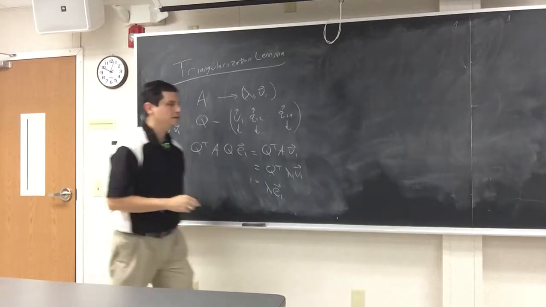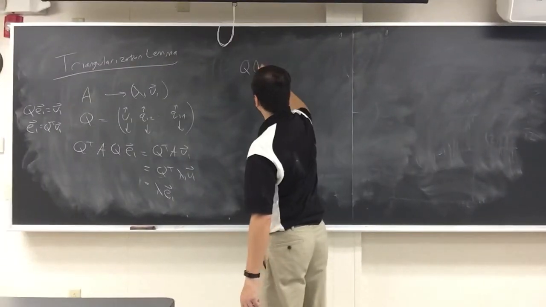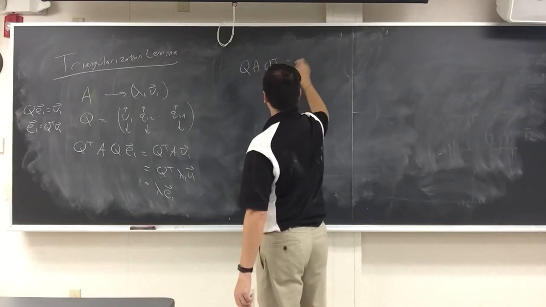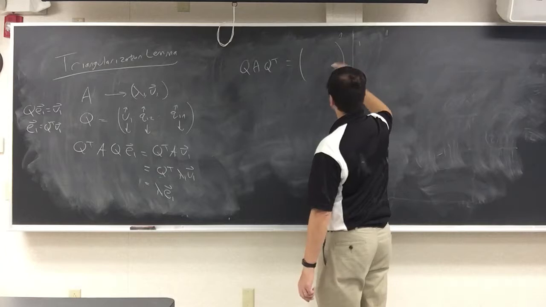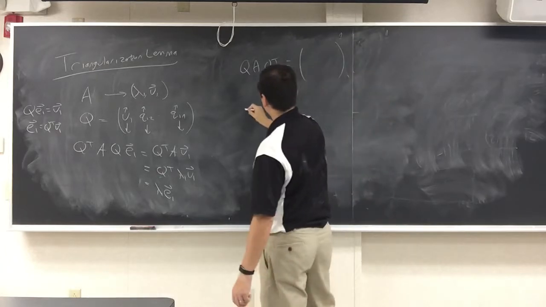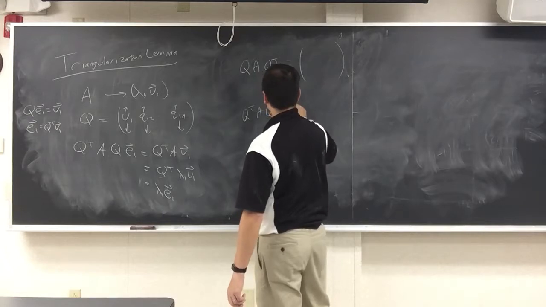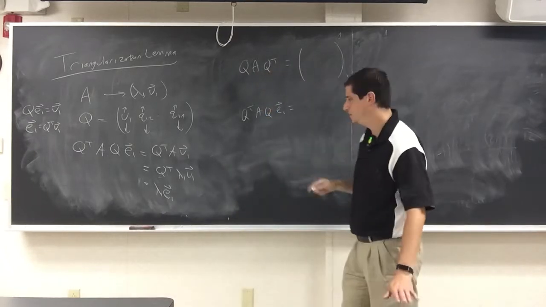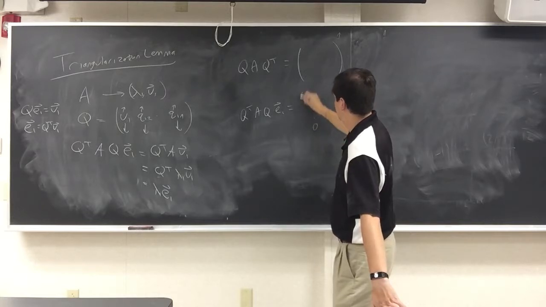So what does that mean? It means when I look at the matrix Q transpose A Q and apply the vector E1, I get back lambda 1, 0, all the way through 0.